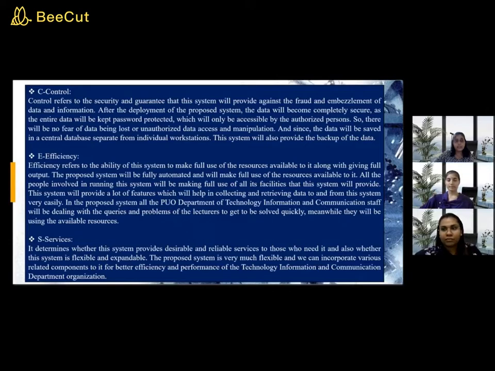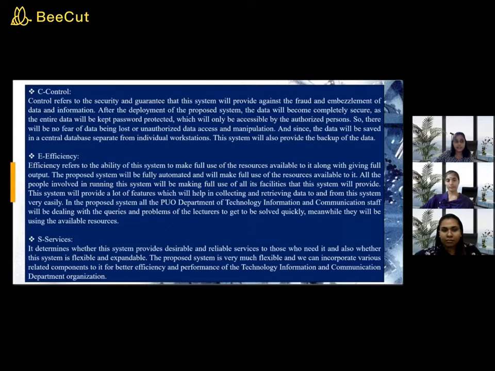This system will provide a lot of features which will help in collecting and retrieving data to and from the system very easily. In the proposed system, all the PO Department of Technology, Information and Communication staff will be dealing with the queries and problems of lecturers so they can be solved quickly. Meanwhile, they will be using the available resources.